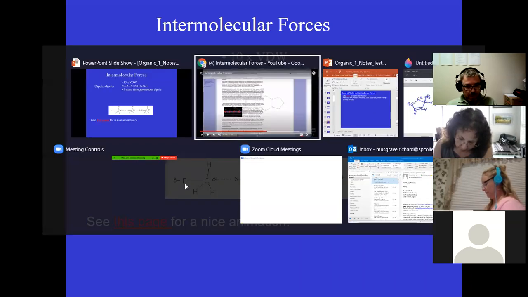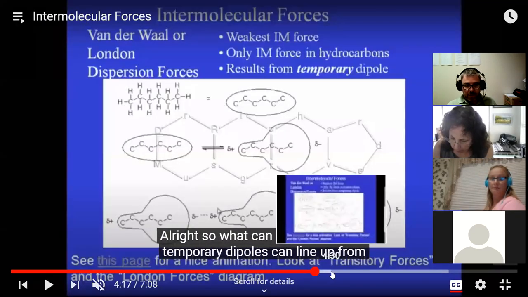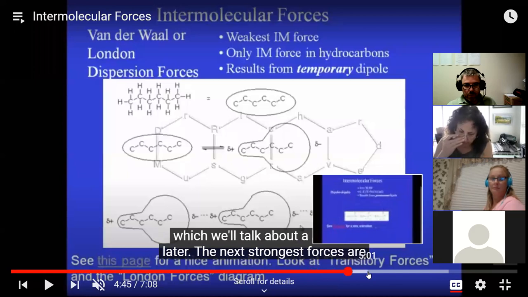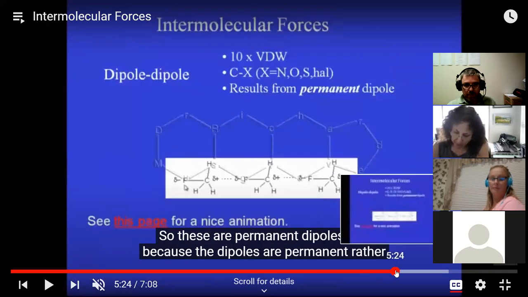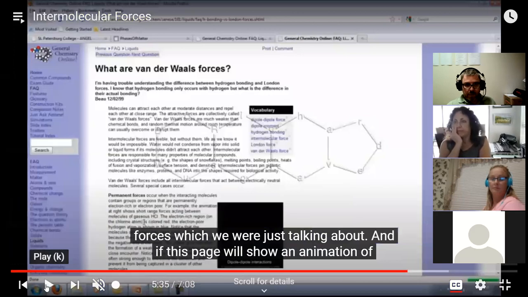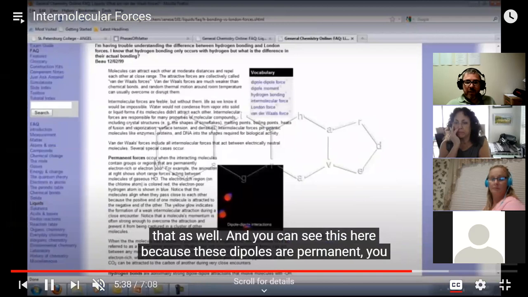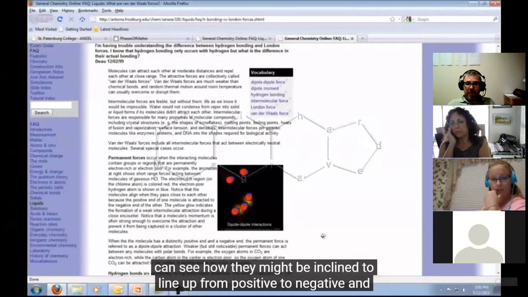Let me show you the animation for that. See if I can find it. There we are. Yeah, so you can see this is a dipole-dipole interaction. You can see those are permanent dipoles, and you can see what's attracting them there.